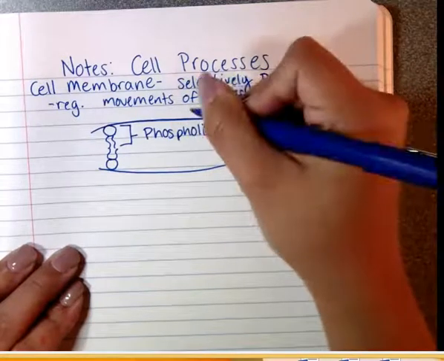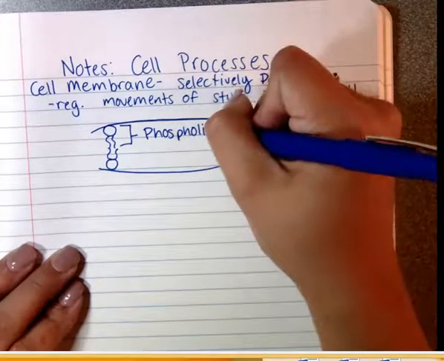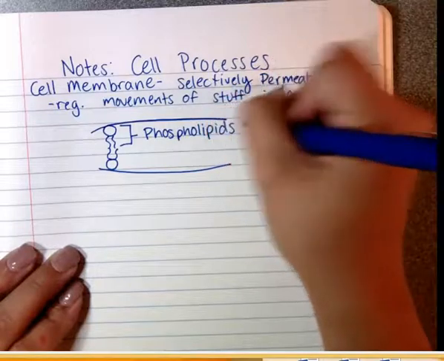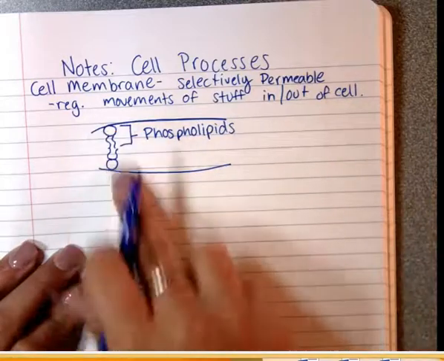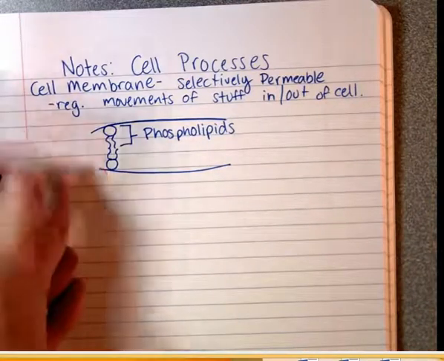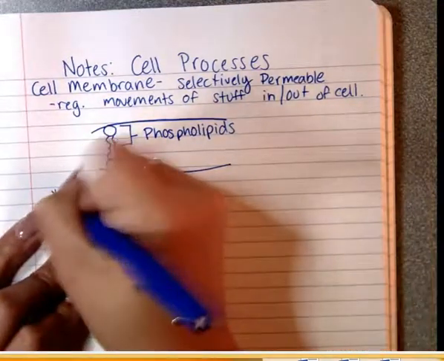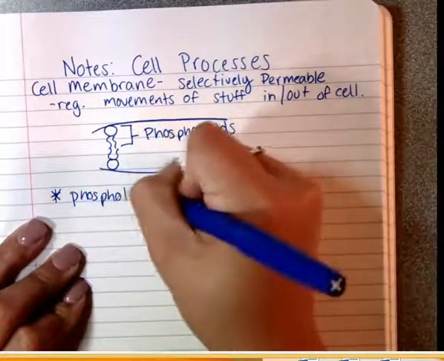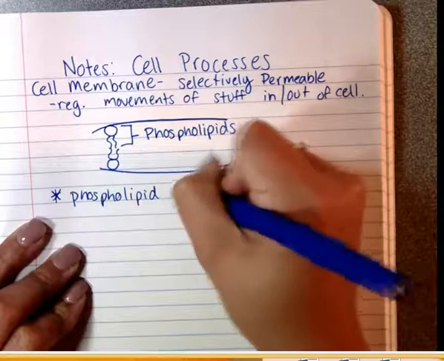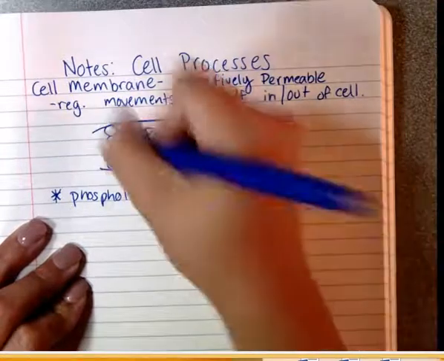This would be one phospholipid, and because it's made of two, we say that the membrane is a phospholipid bilayer because it has two.